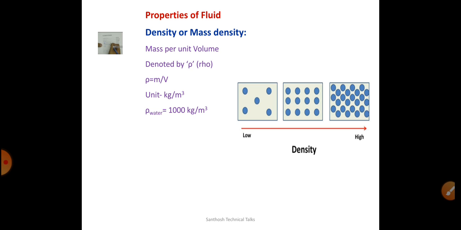As I mentioned above, air has 1.21 kg per meter cube, whereas mercury has 13,600, so it has very closely packed atoms.